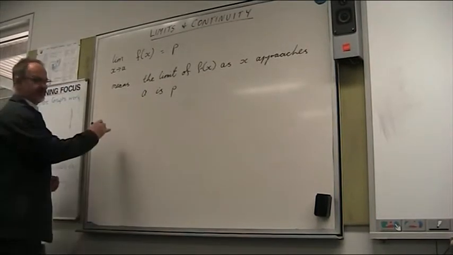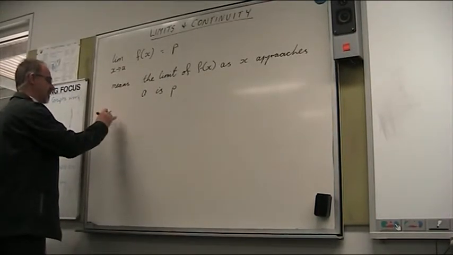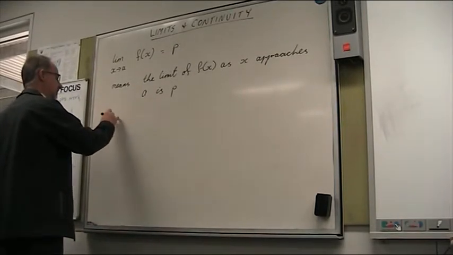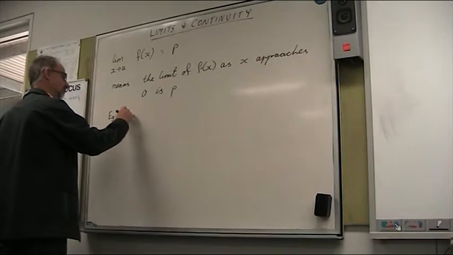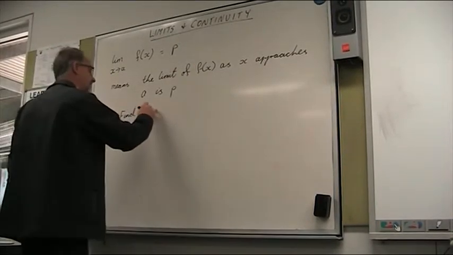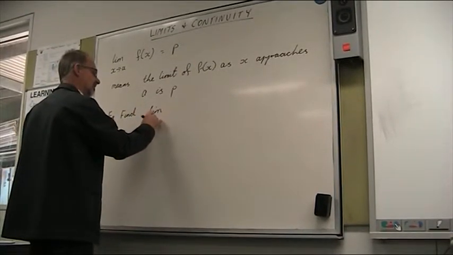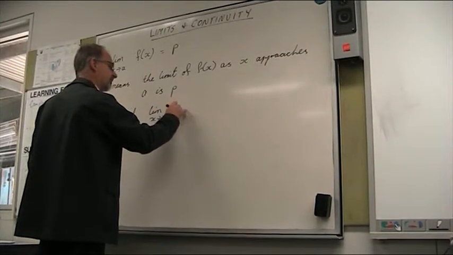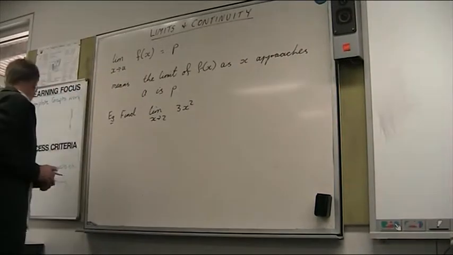So often it's pretty simple, it's just a matter of substituting in. Like this one here: find the limit as x approaches 2 of 3x squared.